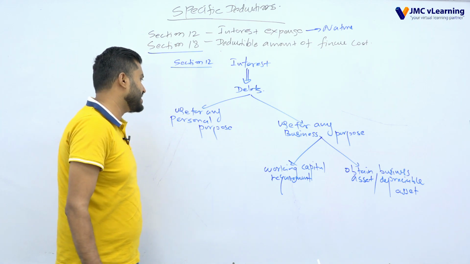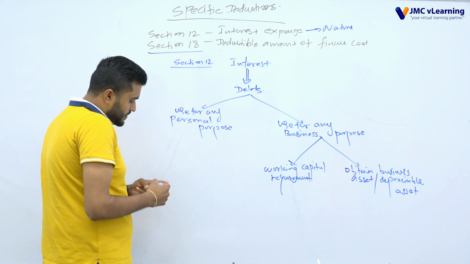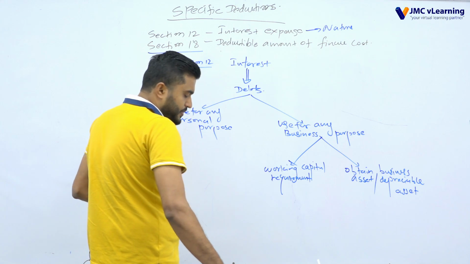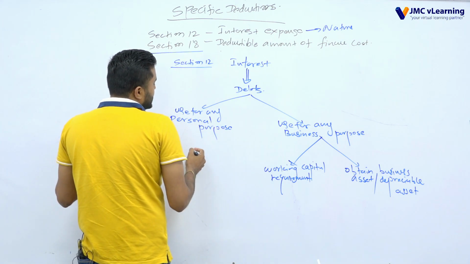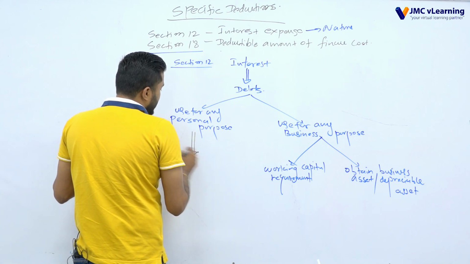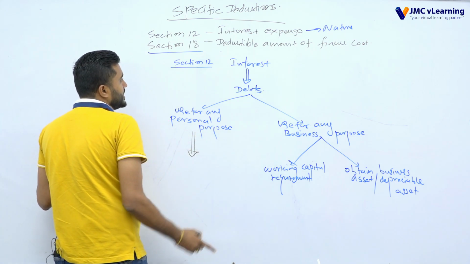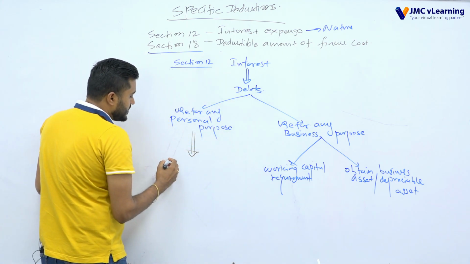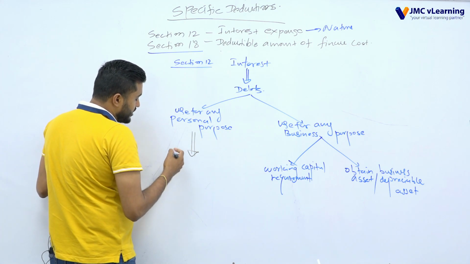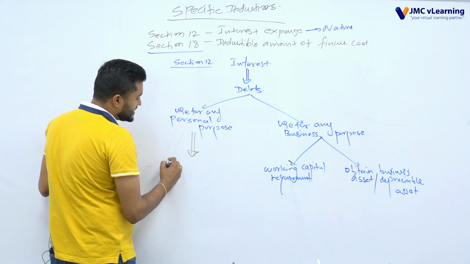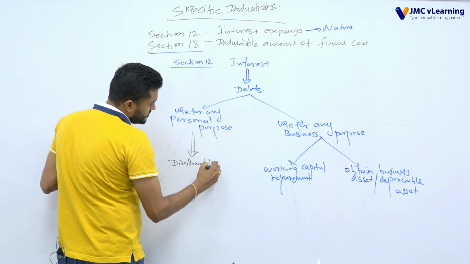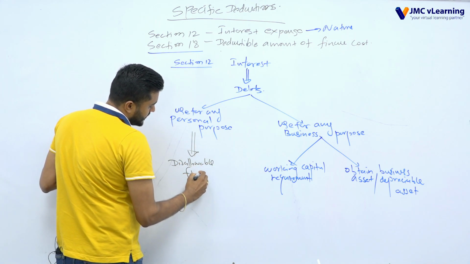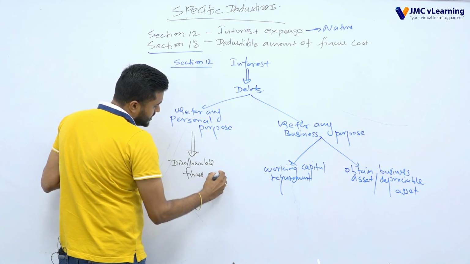If any loan proceeds are used for personal purposes, the interest paid on that loan is not an allowable expense. That means it is a disallowable finance cost or interest cost.